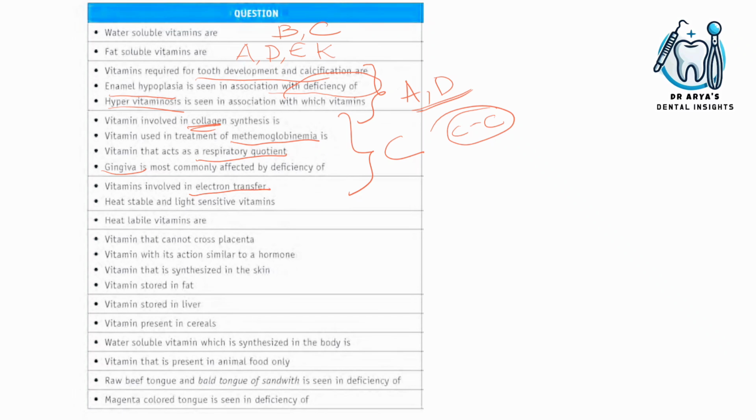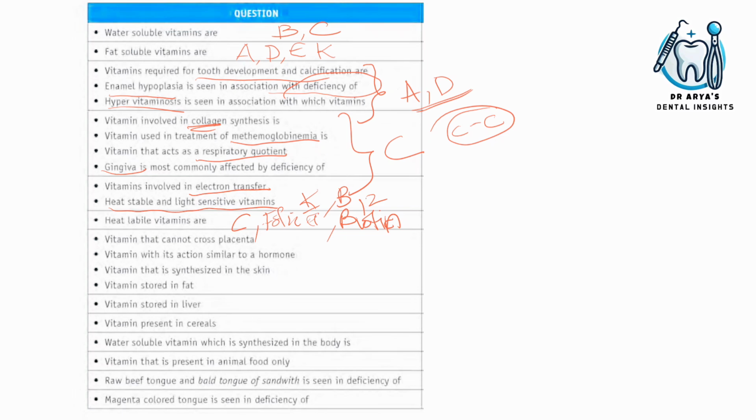The vitamins involved in electron transfer, heat stable and light sensitive are vitamin K and vitamin B. Then the heat labile vitamins are vitamin C, folic acid and biotin.